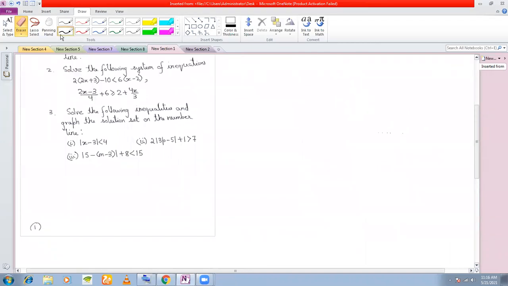To very quickly finish this, and then before moving on to the next part, I want to explain something that is very important for you, which you want to know before doing the inequalities in two variables. So given here is 5 minus mod of 5 minus m minus 3 plus 8 less than 15.